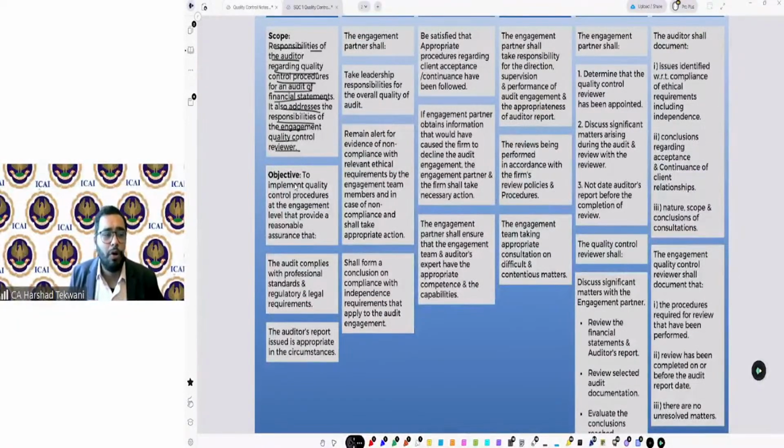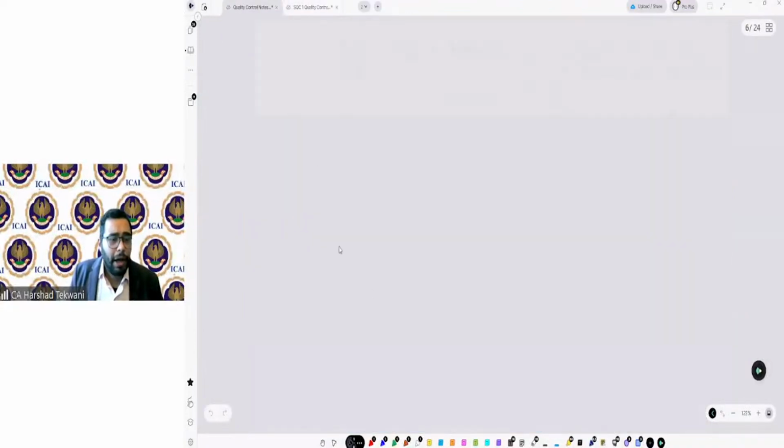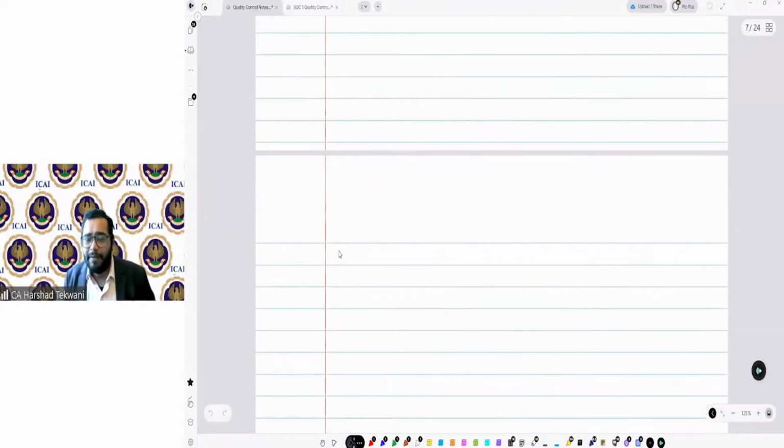The objective is to implement quality control procedures at the engagement level to provide reasonable assurance that the audit complies with professional standards and regulatory and legal requirements, and that the audit report issued is appropriate in the circumstances. Again, SQC 1 is at the firm's level, SA 220 is at the engagement level.